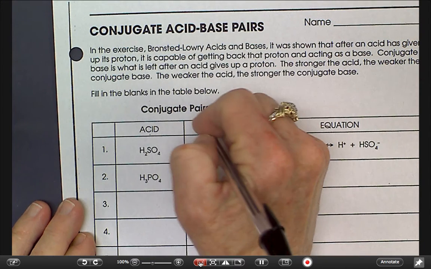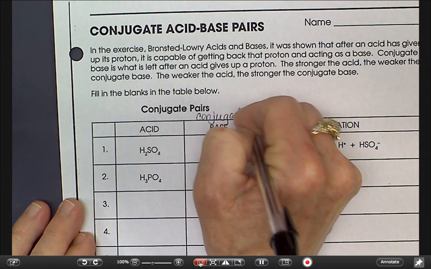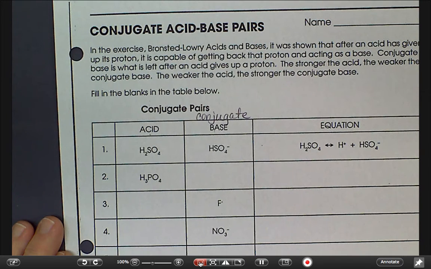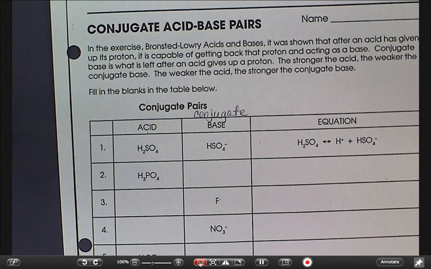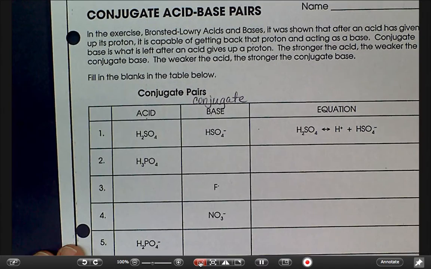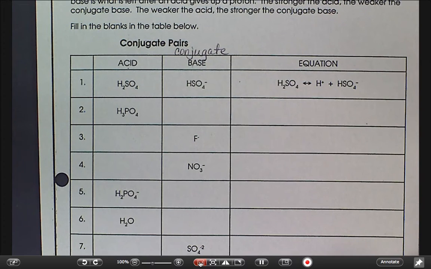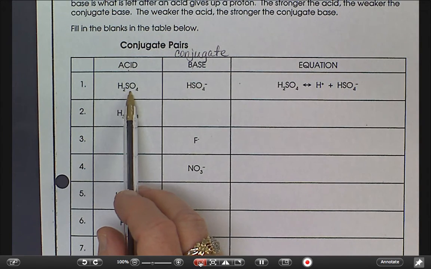This is your conjugate base. Okay? Now then, yeah, all of these are functioning as acids. I forgot that there was listed columns. All right, so let's look at our example up here. H2SO4.